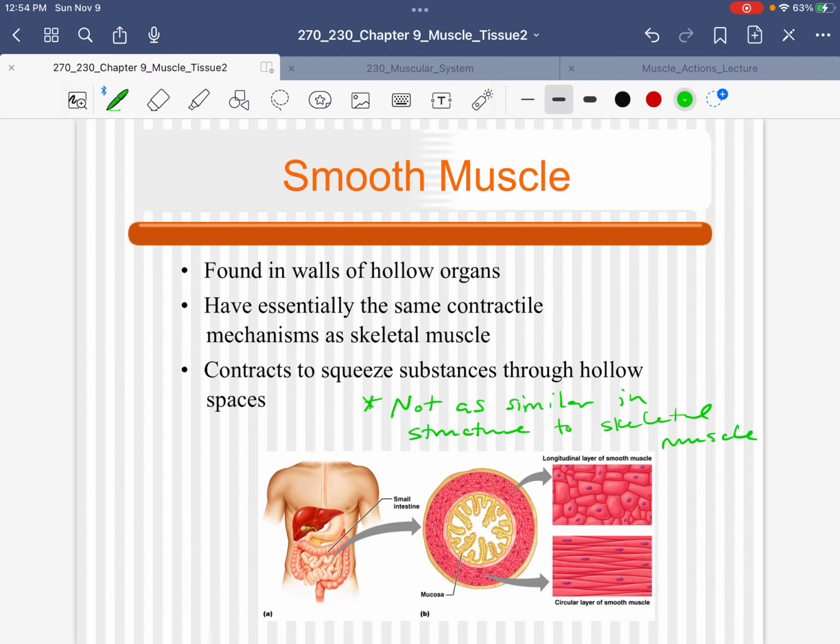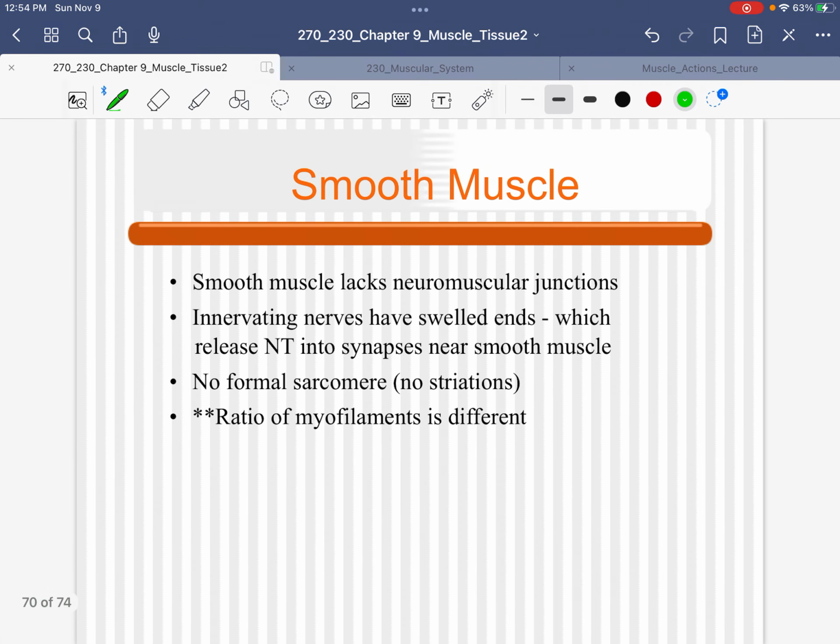I'm trying to choose my words carefully. So the key takeaway: skeletal and cardiac muscle are very similar. Skeletal and smooth, not as similar. Smooth muscle doesn't have striations, and there are some other differences. You don't need to know these differences. We're not going to spend time focusing on smooth muscle.